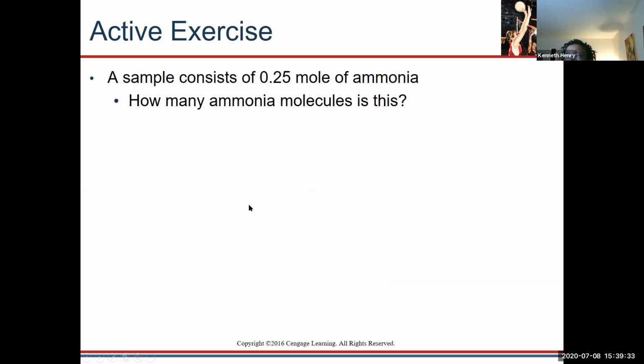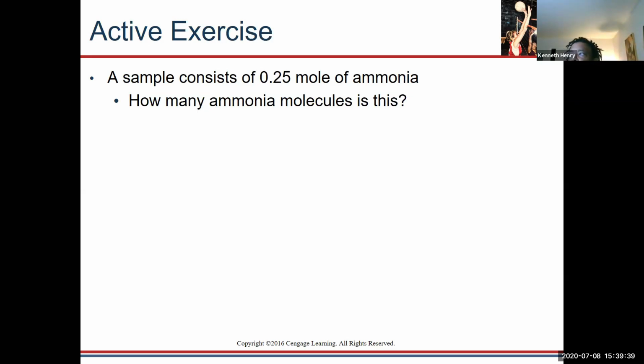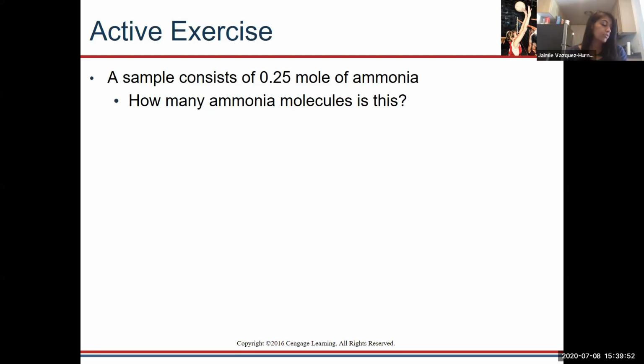Okay, so a sample consists of 0.25 moles of ammonia. How many ammonia molecules is this? So what am I going to use to do this? You're going to use your given. What is my given? I'm going to underline it.